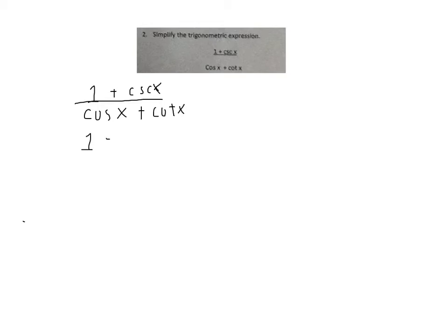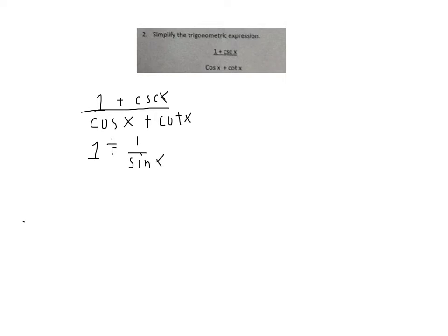So again, cosecant of x is equal to 1 over sine of x, we divide that by cosine of x, plus cotangent of x is equal to cosine of x divided by sine of x.